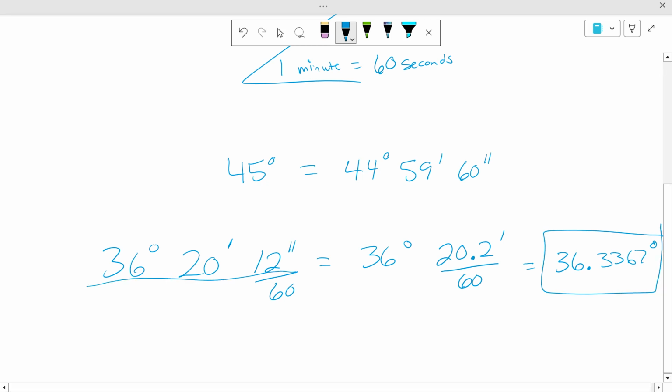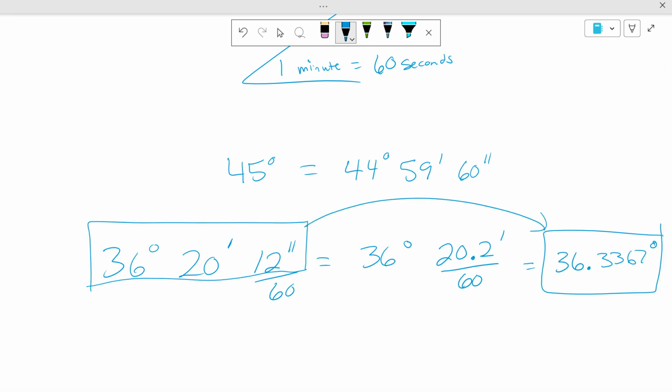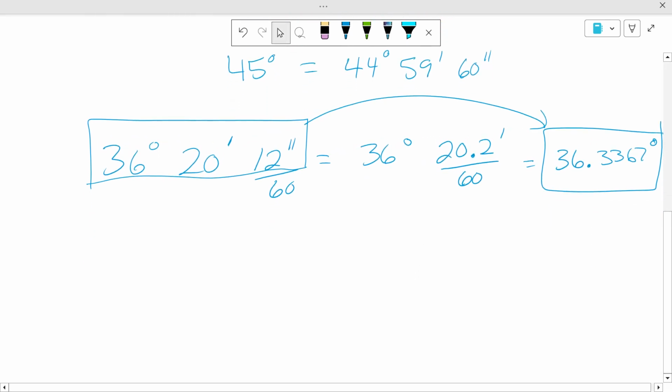So 36 degrees, 20 minutes, and 12 seconds is approximately 36.3367 degrees. Okay? So we're going to change degrees, minutes, seconds into decimal degrees. Let's do that one more time.